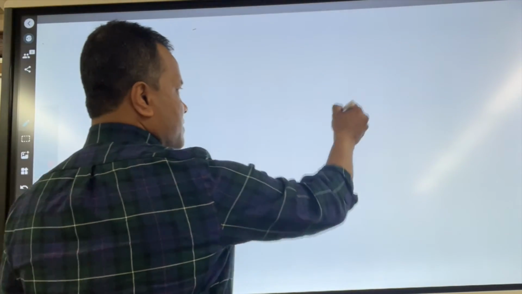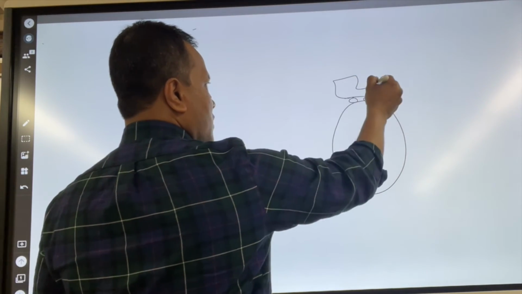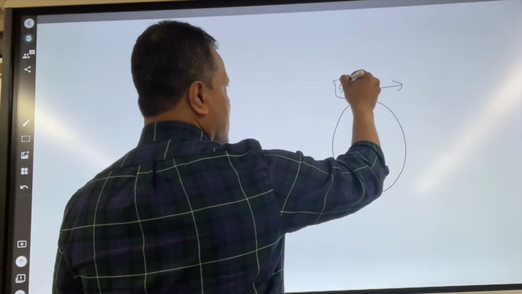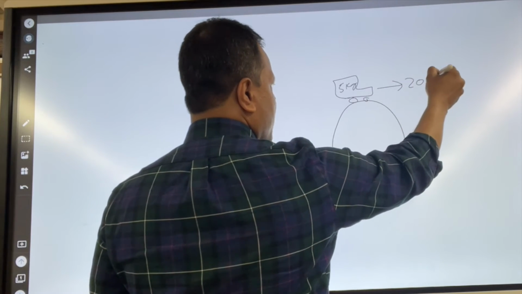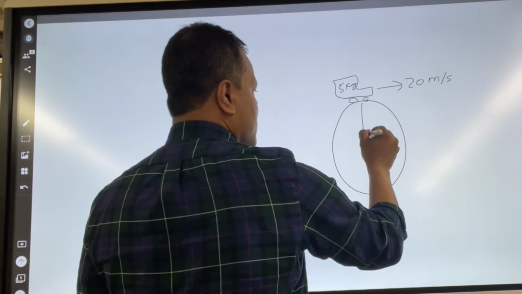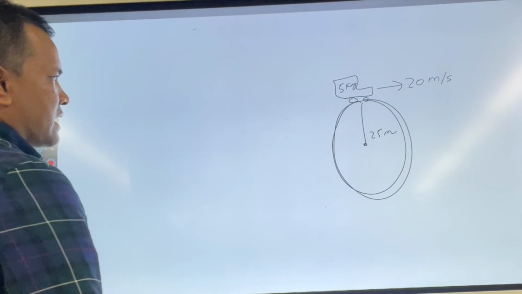A 5 kilogram object moves clockwise with, let's say, 20 meters per second, and the radius is 25 meters. Alright, so what do you want to find? The centripetal acceleration.